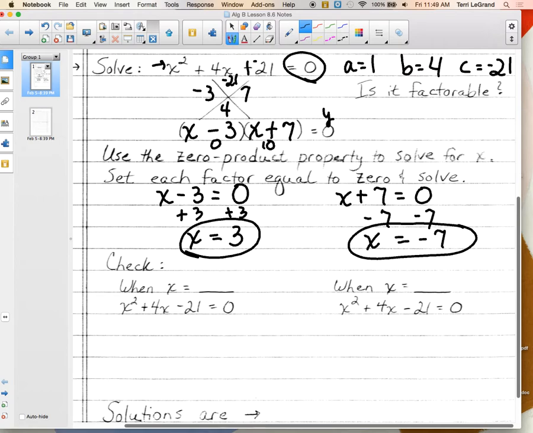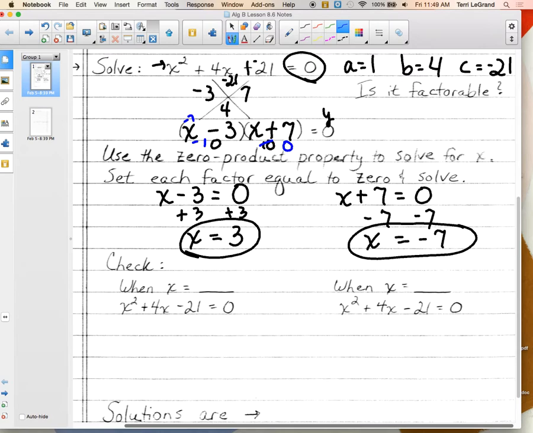What is negative 7 take away 3? Negative 10. What's negative 7 plus 7? 0. What's negative 10 times 0? 0. So that one makes it equal to 0 also.